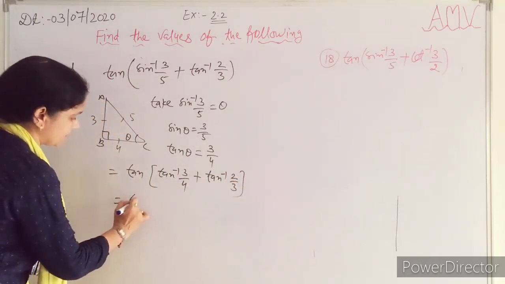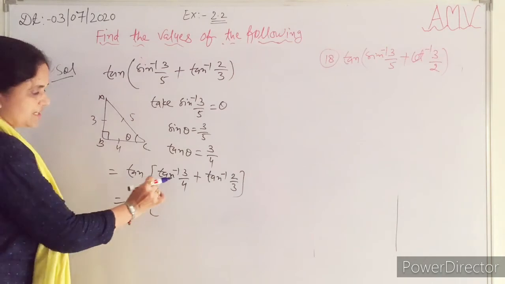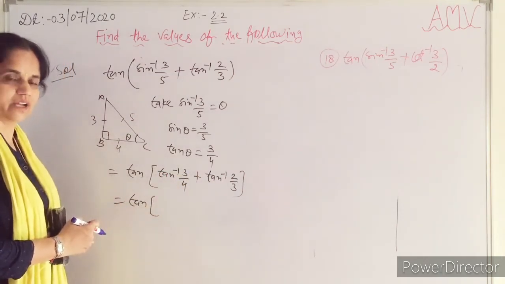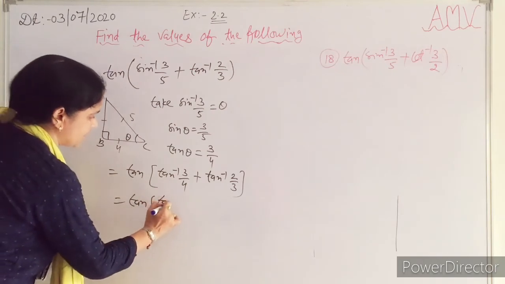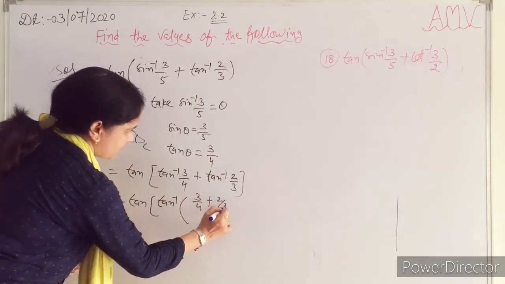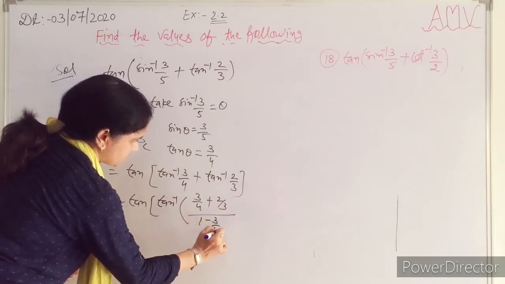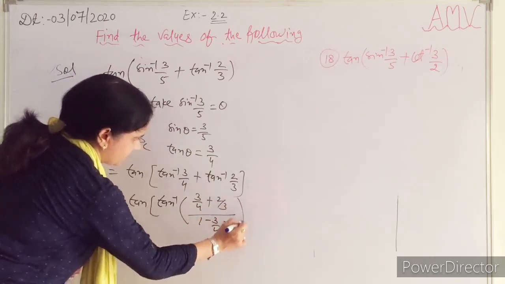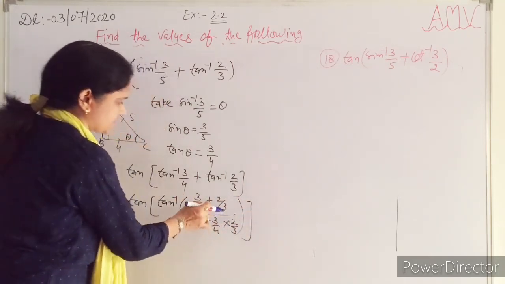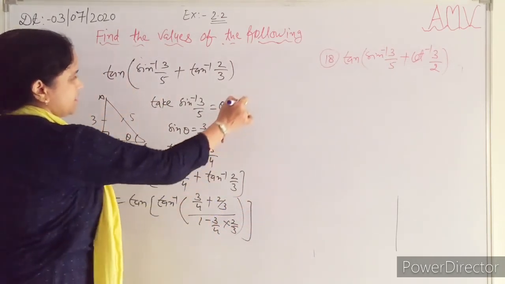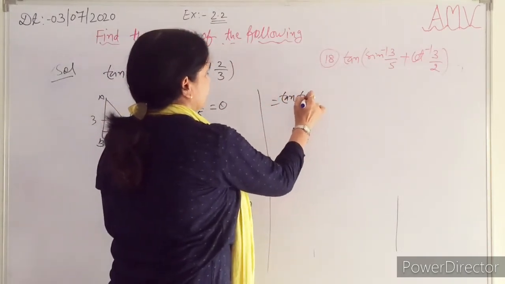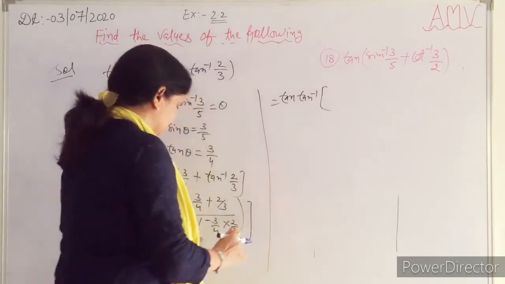Okay, now apply the formula of tan inverse. Tan inverse x plus tan inverse y, student. So the formula is tan inverse of x plus y upon 1 minus x into y. Here in place of x it's 3 by 4 and in place of y it's 2 by 3. Now simplify. It's tan inverse.